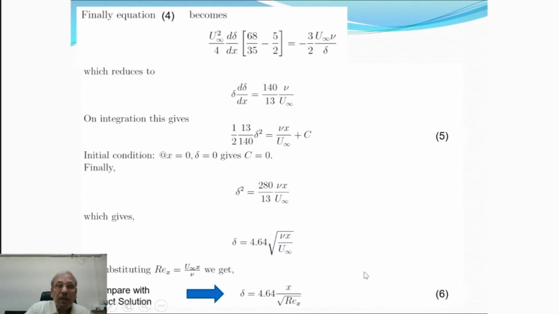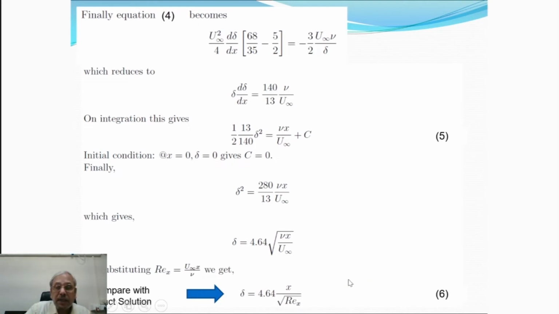There we got delta equal to 5x by root over Re x. Here instead we are getting 4.64x divided by root over Re x. And we know this is an approximate solution. So the approximate solution is not really much different from the exact solution.